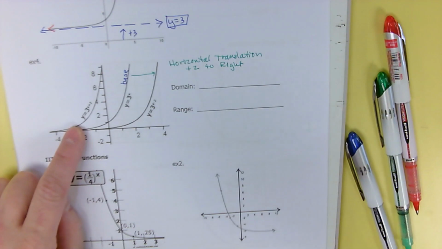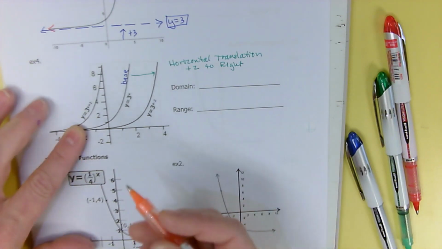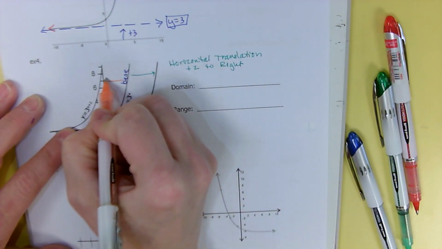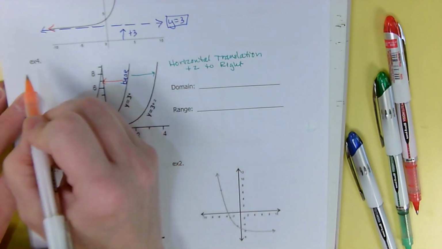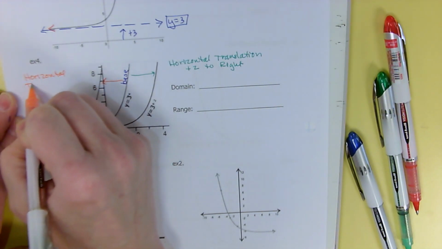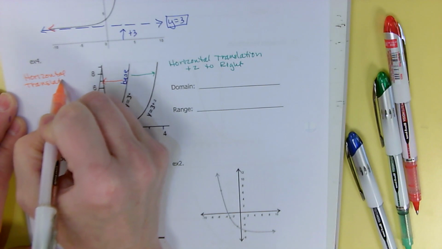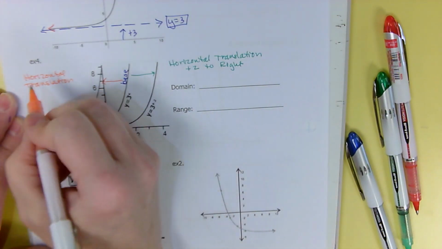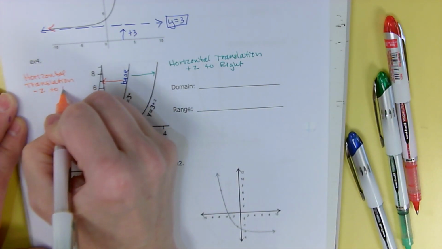Now, the other equation is y equals 3 to the power of x plus 2. So this one's going to go the opposite way. Again, if it's added to the x, it's a horizontal translation. And it's always opposite, so this one's minus 2 to the left.